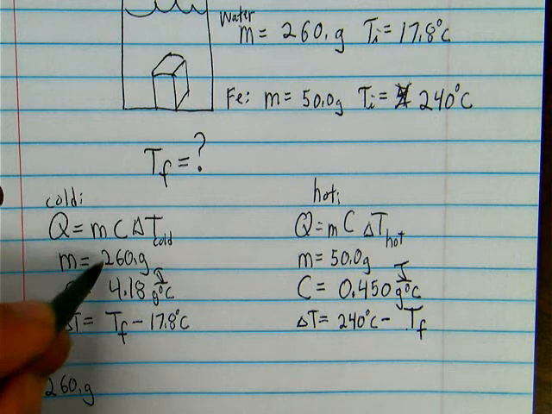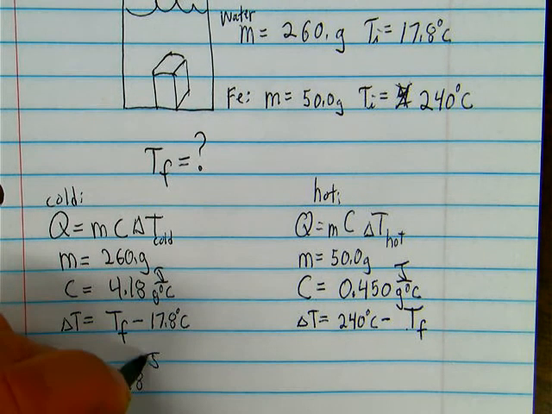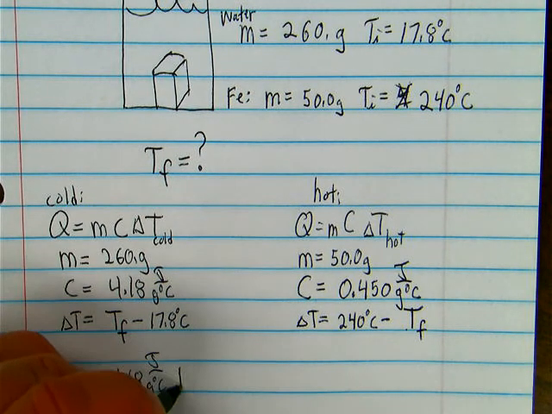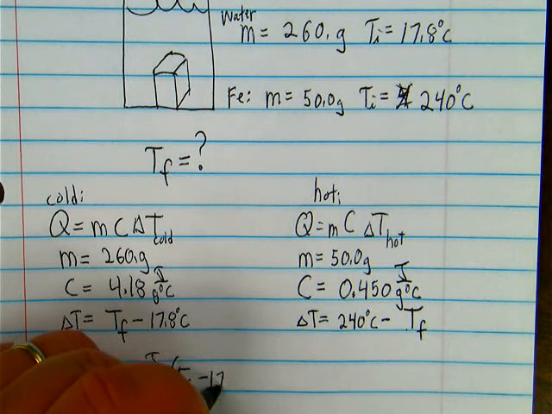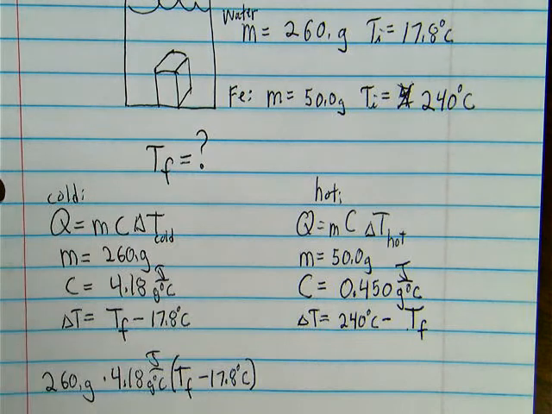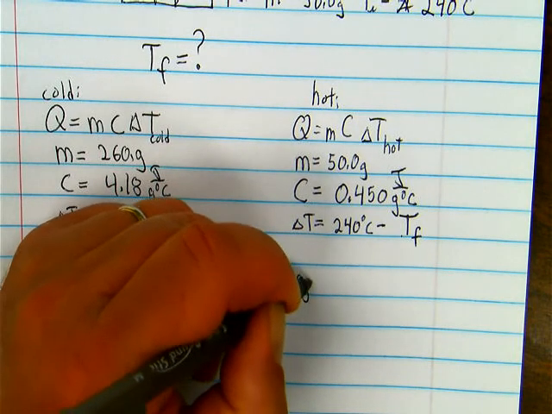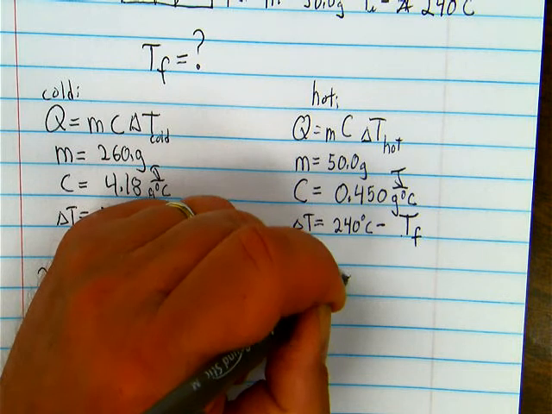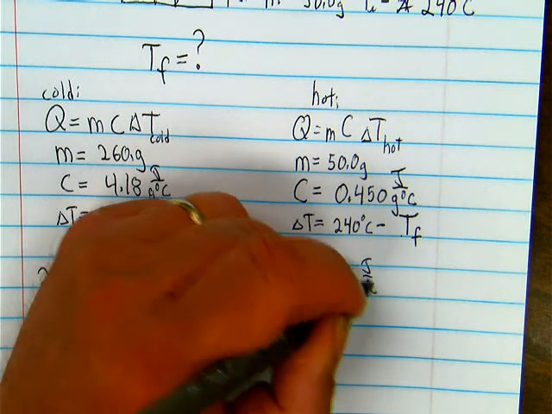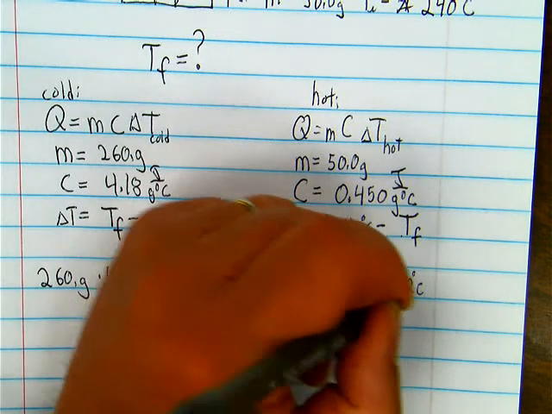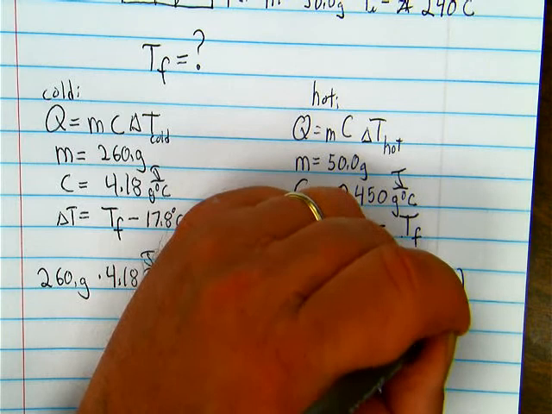260 grams times 4.18 joules per gram per degree C times, in parentheses, the final temperature minus 17.8 degrees C, is now going to be set equal to 50 grams times 0.450 joules per gram per degree Celsius times, open parentheses, 240 degrees C minus the final temperature, close parentheses.